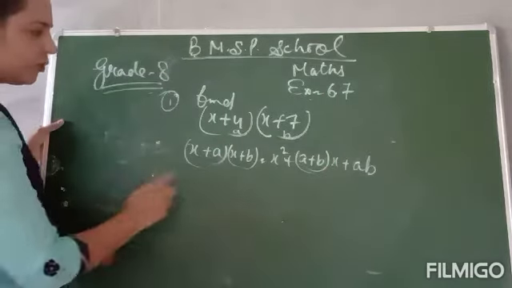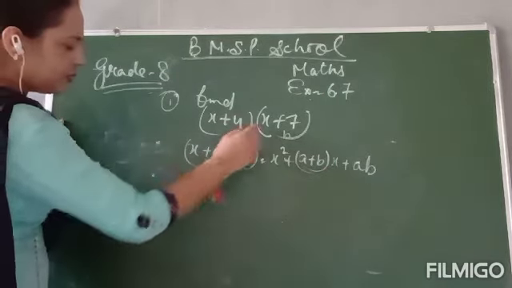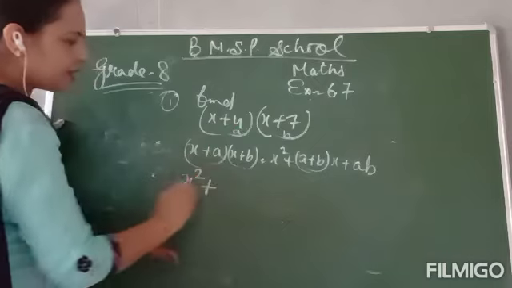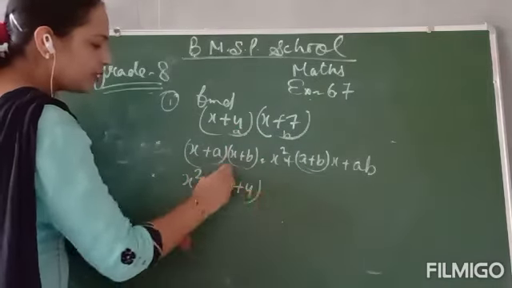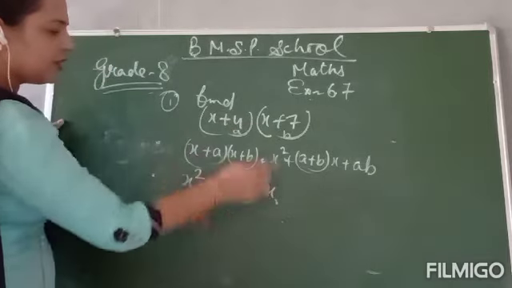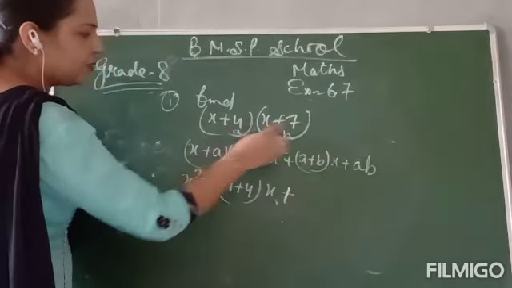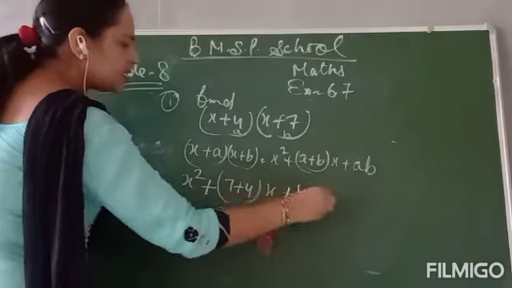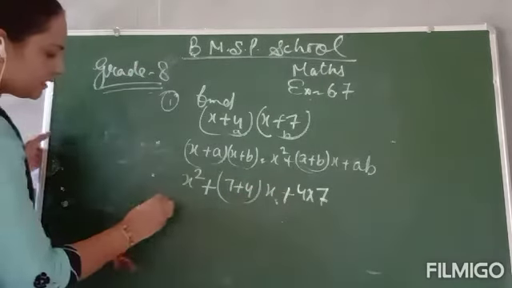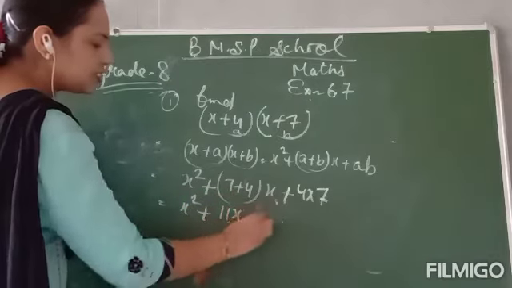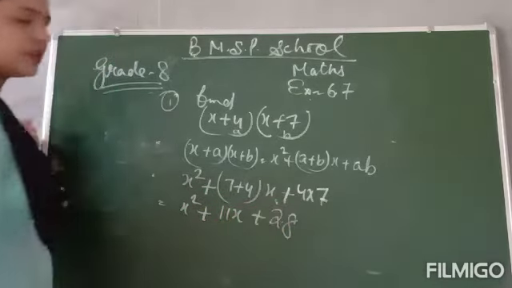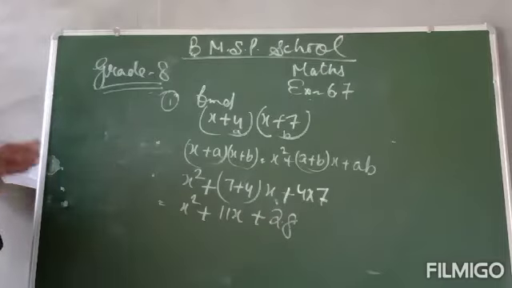Okay. Now use the formula. It means x square plus (7 plus 4)x, with them x is there, like term is with them, plus ab, product of 4 and 7. So adding now, x square plus 11x, plus 7 fours are 28. This is the answer. Okay.